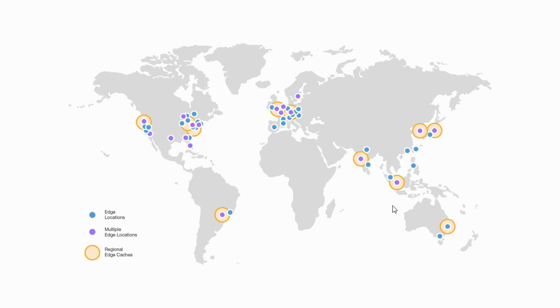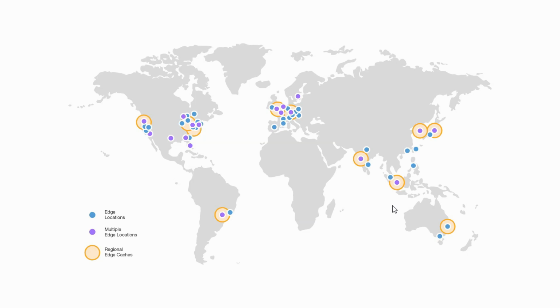So if someone requests an asset from your website from a certain location, they are redirected to the nearest CloudFront edge location and not directly to the host server. So by utilizing this, you can save a lot of time, especially if your visitors are coming from a different location than where your server is being hosted.